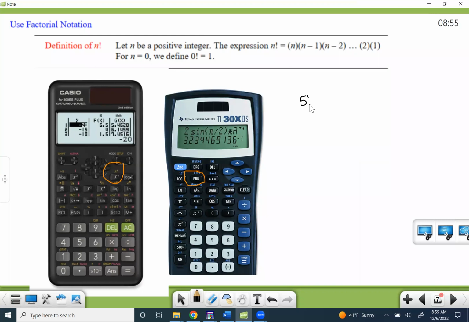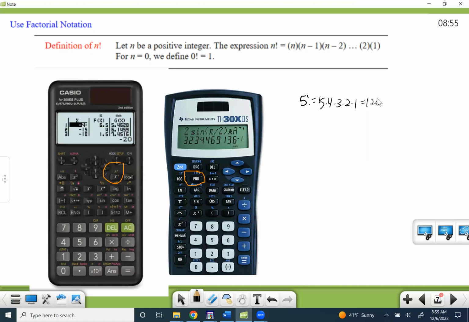The factorial says multiply 5 by every number below it till you get to 1. So you have 5 times 4 times 3 times 2 times 1. If you try it right now on your calculator and hit 5 factorial, you should get 120 as an answer. That'll be a good way for you to check that you know how to use it.